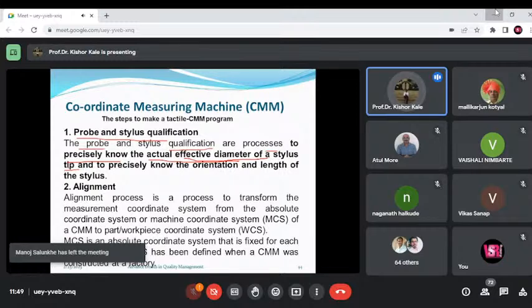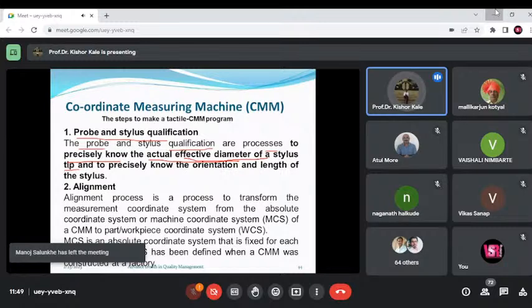Now you have kept the product over here, and you have to define your X, Y, and Z. This is your X, this is your Y, and here we have Z defined at this particular corner. Now what is the relation between this point, that is MCS, and this, WCS? You have to define it first. The position of the product to be verified is fixed by specifying the primary datum, secondary datum, and tertiary datum.